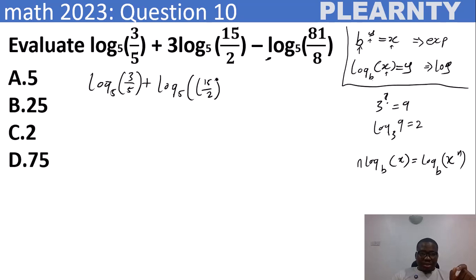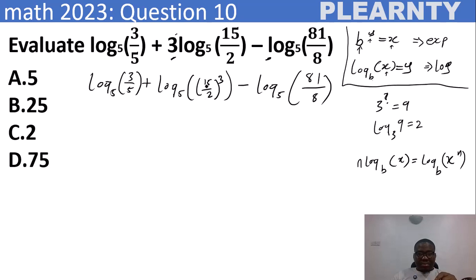That 15 over 2 is raised to the power of 3, this 3 before the log. Minus log base 5 of 81 over 8. So now we want to simplify this. So we are going to say 15 raised to power 3, then 2 raised to power 3. We are going to put that into the equation.